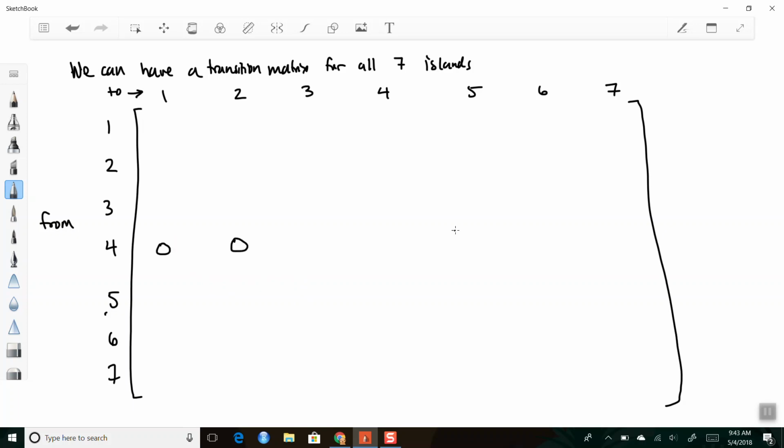Because we can only propose the islands that are adjacent to us. So there's no possibility to go from island 4 to island 2 or from island 4 to island 6. And we said we will go to island 5 with probability 0.5 and we will remain at island 4 with probability 0.125, and we will go to island 3 with probability 0.375.